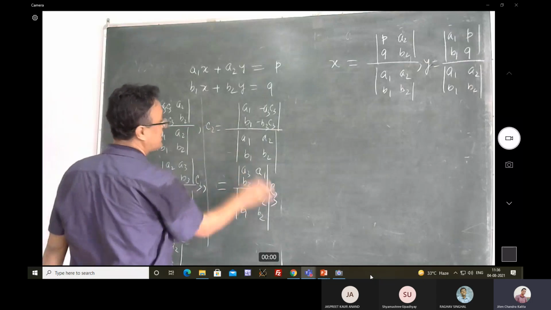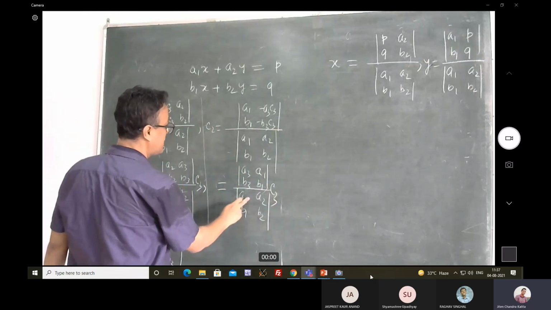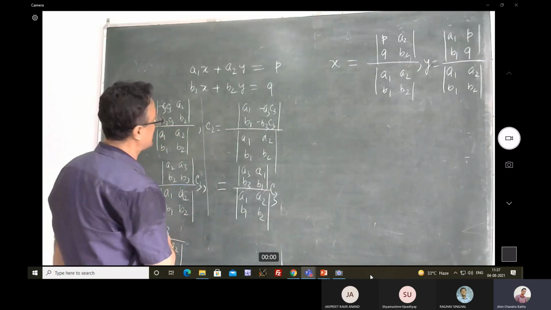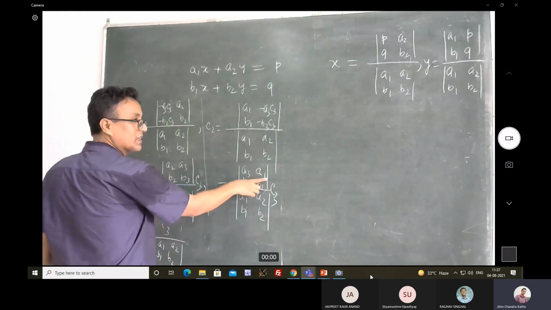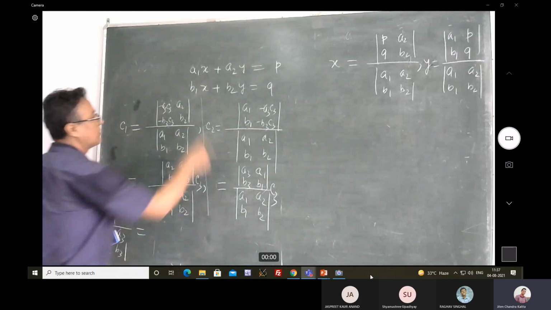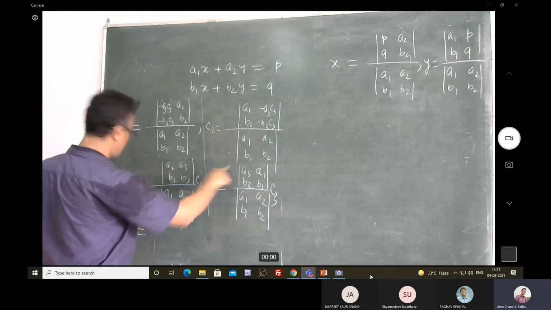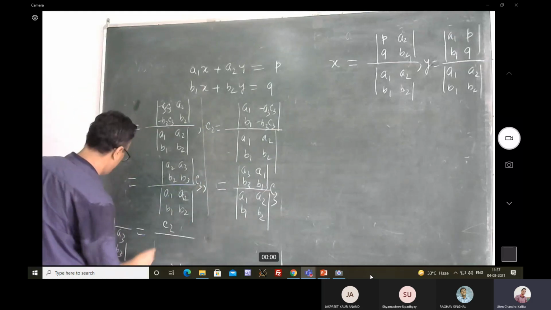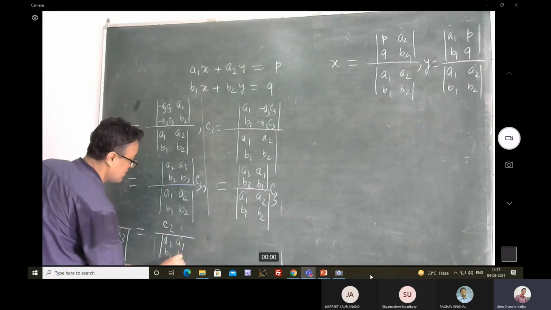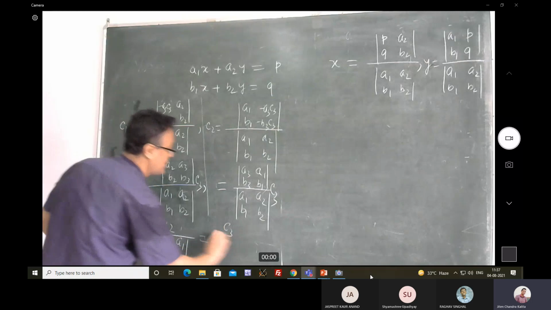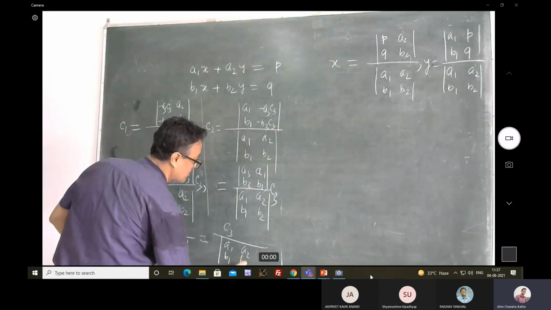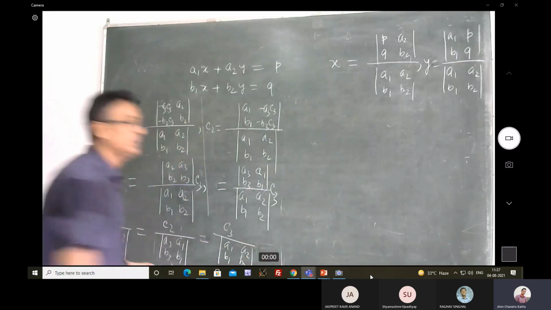And from here again, you can see that C3 by A1, A2, B1, B2 is going to be simply equal to C2 by this. So basically, from these two relations, what do I get? C2 is A3, A1, B3, B1, and then C3 is A1, A2, B1, B2, right?